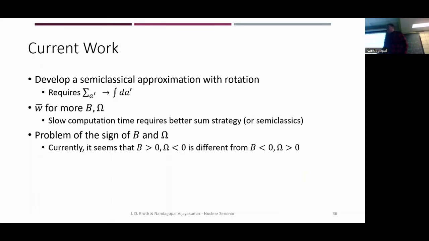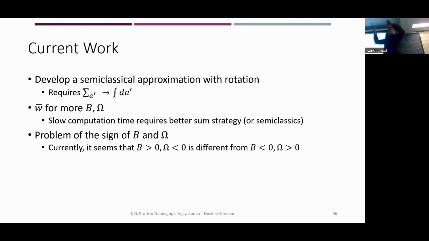But everything I told you on the last slide may have been slightly wrong, because without some importantly detailed bookkeeping, it looked like with B pointed this way and omega pointed this way, it was different from having them like this. So essentially, even without rotation, it looked like an electron and a positron in the same magnetic field would be radiating slightly differently, which doesn't seem like it would happen.